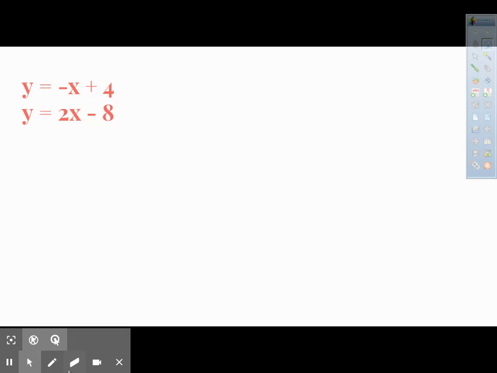Okay, well, y's already solved for, so there's really nothing you have to do, so it just stays negative x plus 4. The only time you add x is if you need to move it to the left. And if you did that, you would have x plus y equals 4, so like you're undoing everything. So just sub one of those and divide by the other.